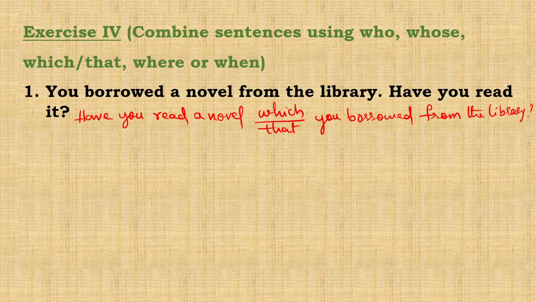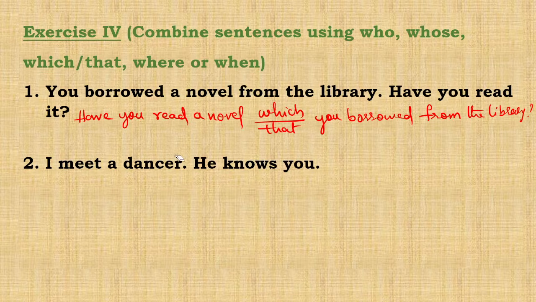The question mark. Now remember, you have read a novel. Have you read a novel? This is one question. Okay, have you read it? Which and that are the relative pronouns here. You borrowed from the library. That is the first sentence. See, together combining these two sentences, we are using a relative combination, that is which or that. You can use any of these two words. Both of them are meaningful.